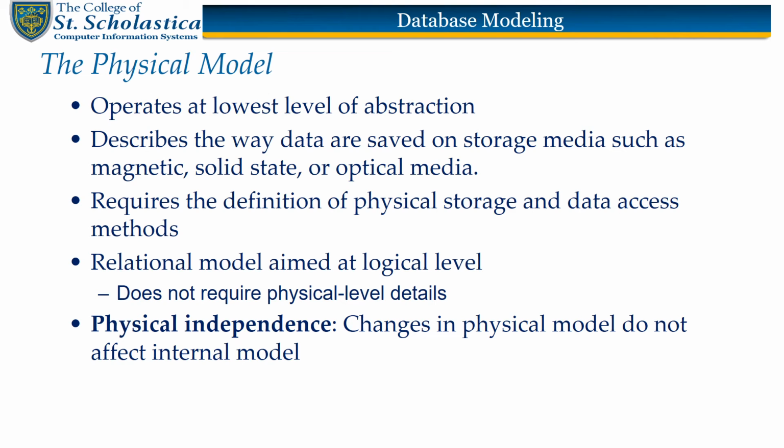Since the now dominant relational model is aimed largely at the logical level rather than the physical level, it does not require the physical level details common to its predecessors. When you can change the physical model without affecting the internal model, you have physical independence. Therefore, a change in storage devices or methods and even a change in operating system will not affect the internal model.